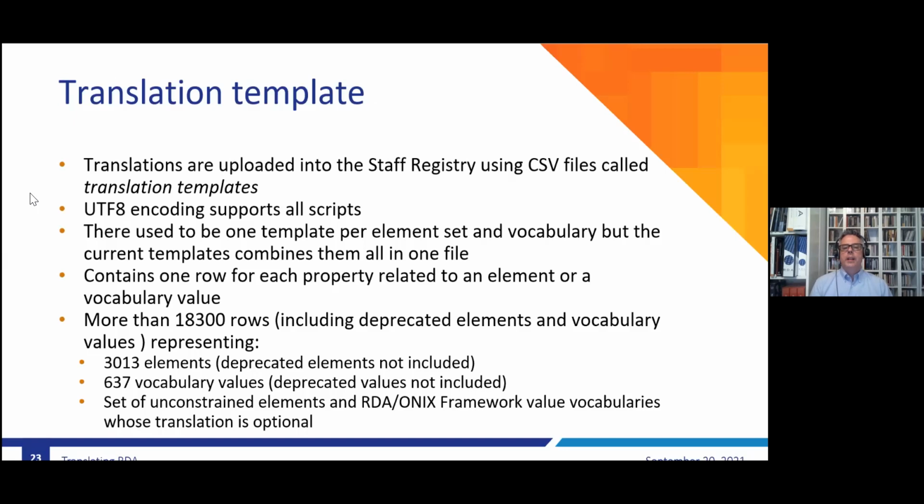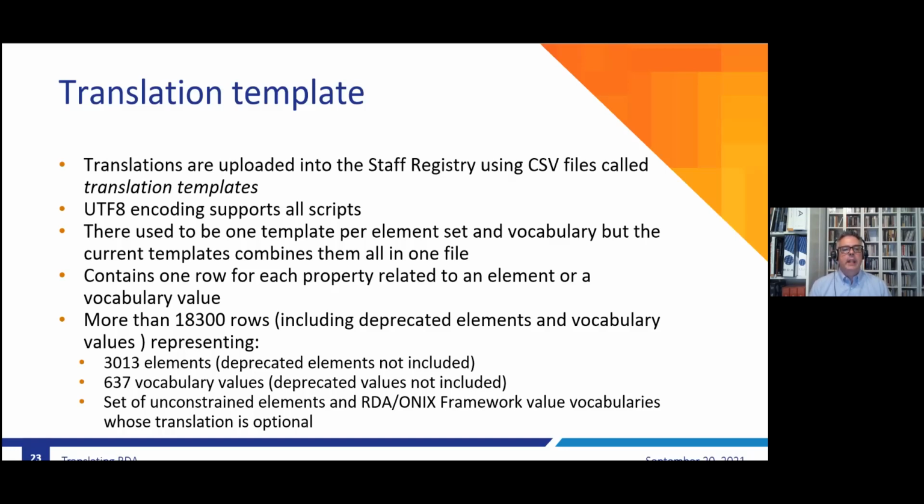So how does it work in practice? Well, the translations of RDA reference are uploaded into the staff registry that Jamie talked about using CSV files that are called translation templates. Normally all scripts are supported in these files as long as the spreadsheet that is used can open and save files as UTF encoded files.